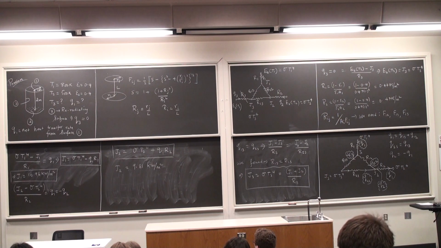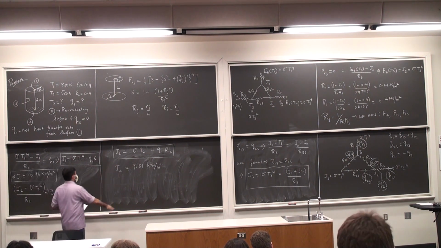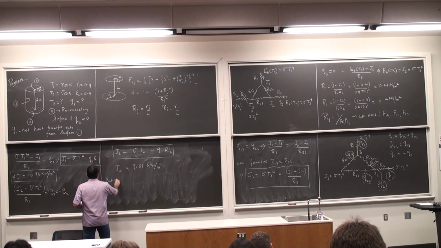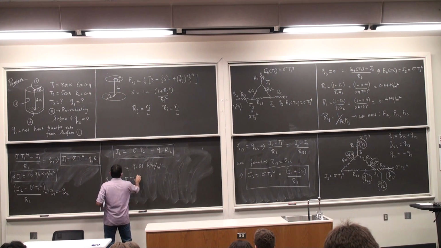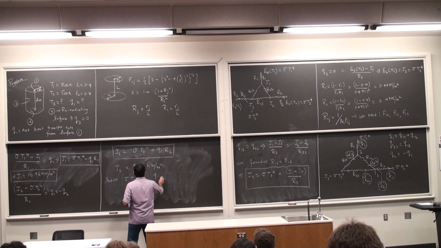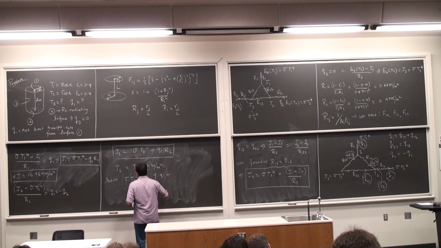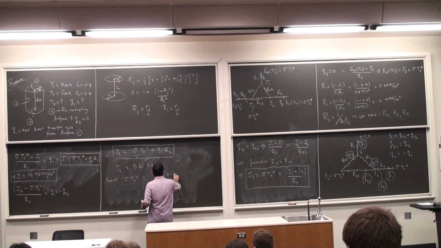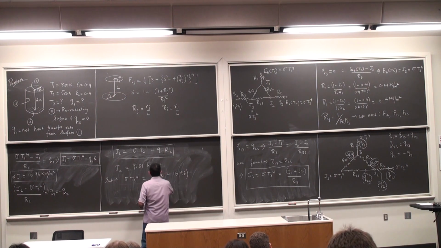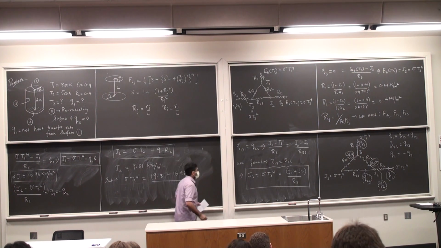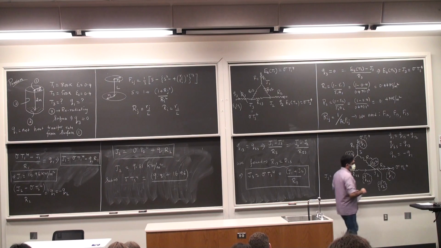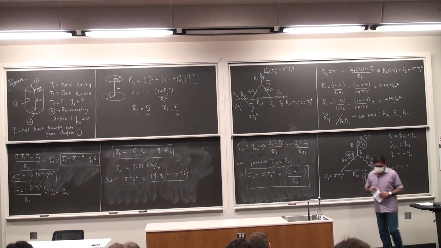Eventually I combine everything together and write J3, which is sigma T3 to the power 4, so substitute. It's 9.81 and then that's 16.96 divided by, I believe R13 was 0.38.